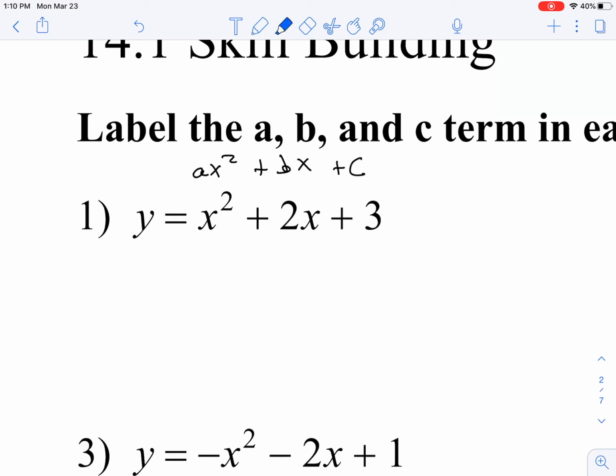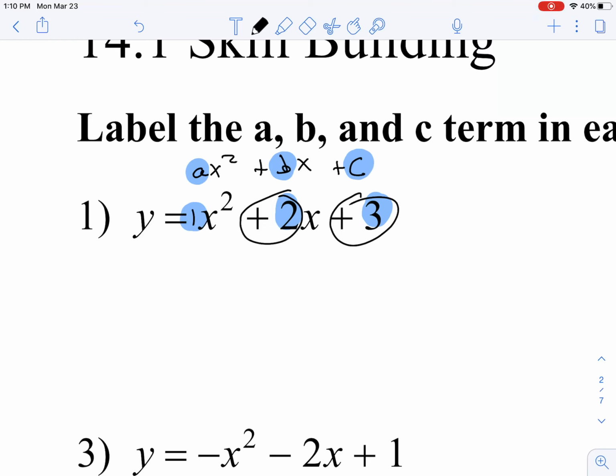A, b, and c correspond with number values here. So in this one, a is 1, b is 2, and c is 3. And we do include the sign, so that's positive 1, positive 2, and positive 3.